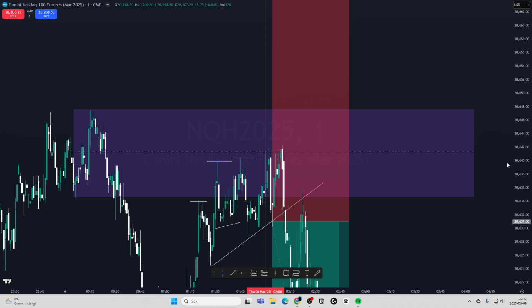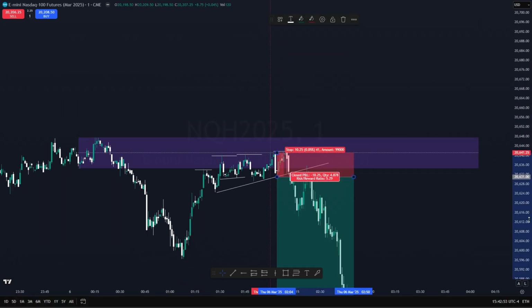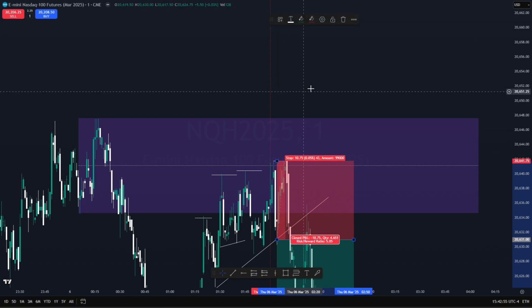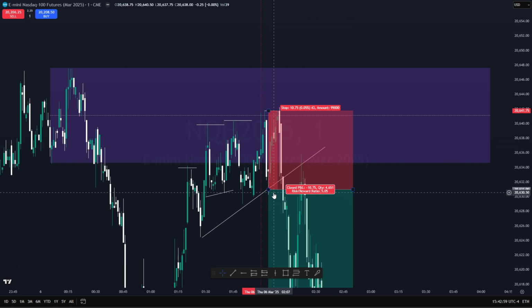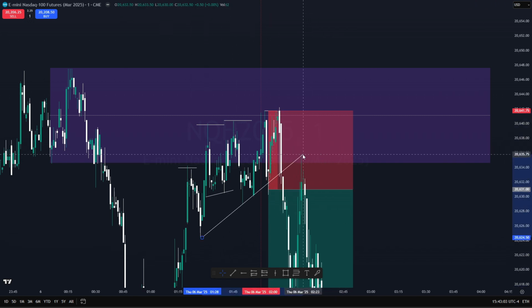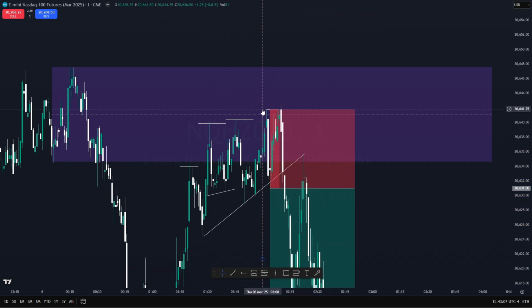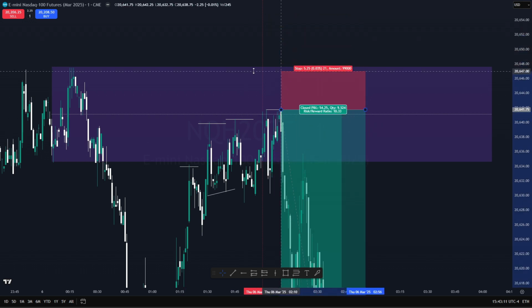The first one during London is important. Usually we get one during London as well, or during the new session that begins. So this is the one that we got during London. Now, when people go short below this trend line here, they put their stops right there. So that's where I went short.